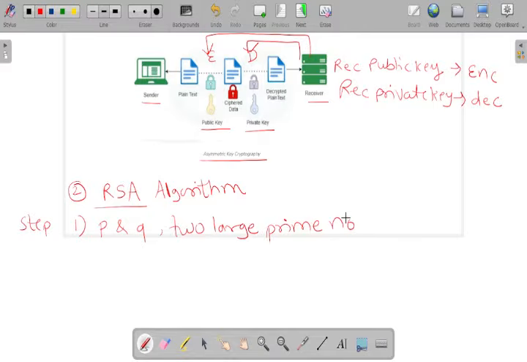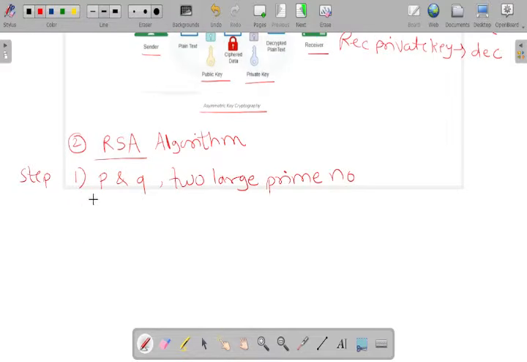So first of all, we have to choose two large prime numbers. Then we have to calculate n is equal to P into Q. Now the third step is we have to calculate the value of phi of n, which is nothing but (P minus 1) into (Q minus 1).